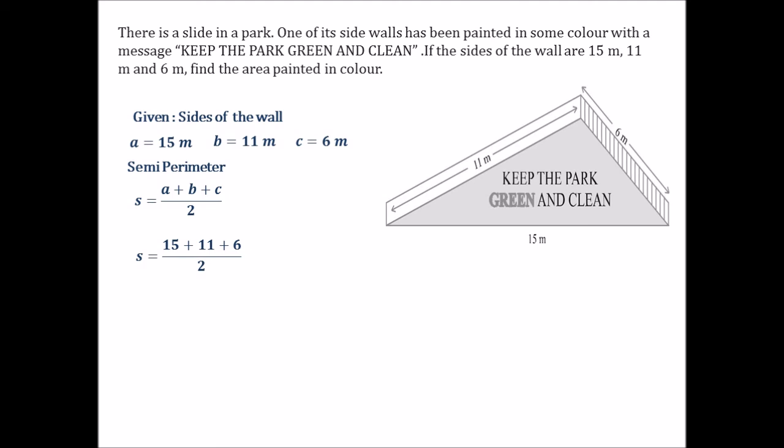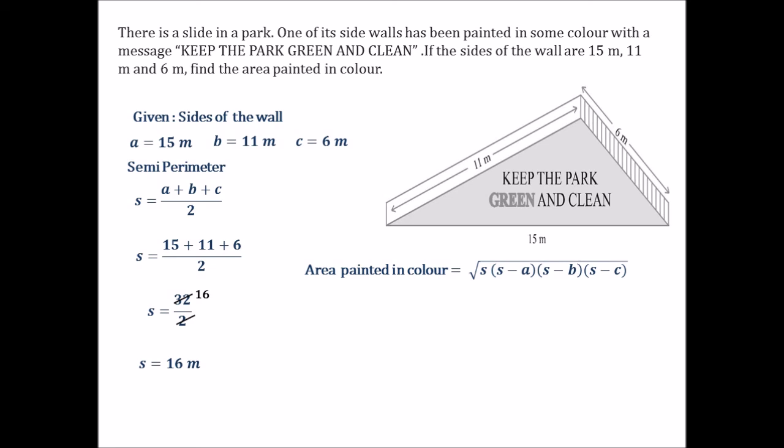On adding the three sides, we will get 15 plus 11 is 26. 26 plus 6 will be 32. So 32 divided by 2. 2 ones are 2, 2 16s is 32. So s, or semi-perimeter of the triangle, is 16 meter. Now let's find the area that has been painted in color, which is triangular in shape, so area of triangle equals under root s into s minus a into s minus b into s minus c.